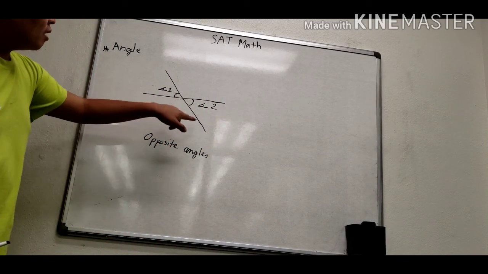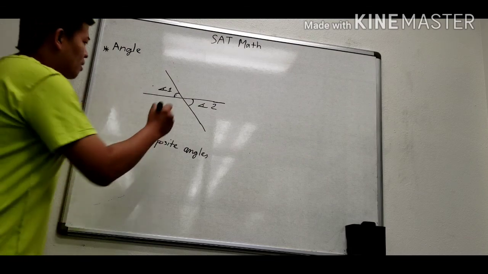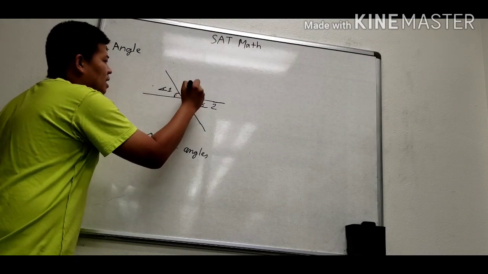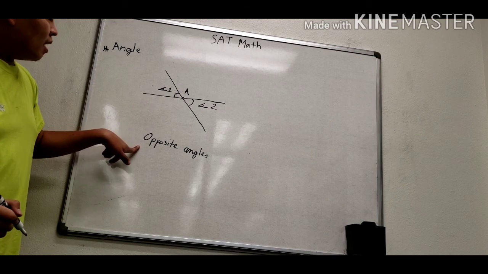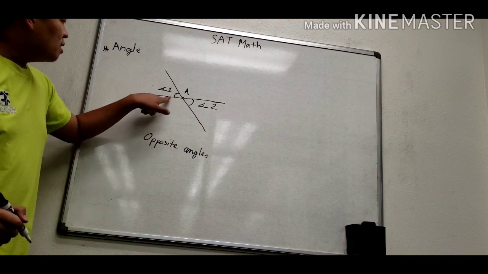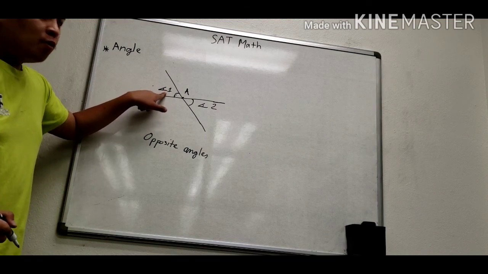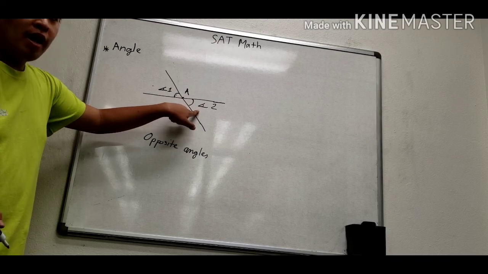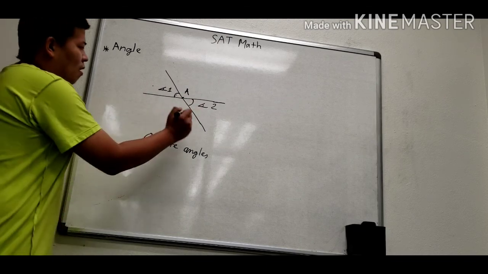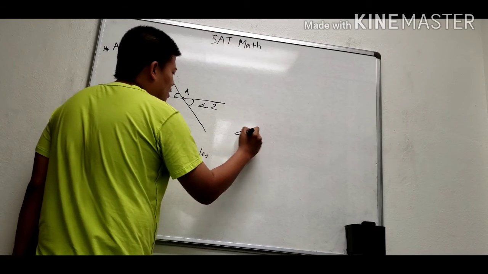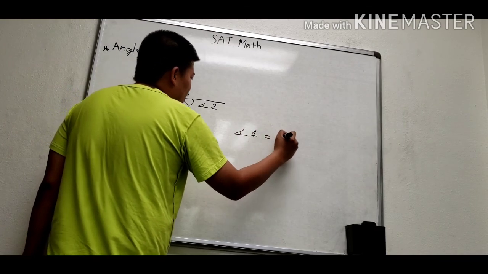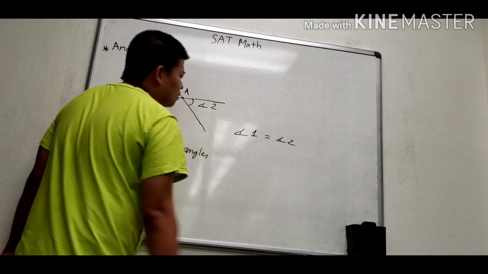Two lines cross together at point A here. You can apply that the opposite angle from angle number 1 is equal to angle number 2. Because they are opposite angles, you can conclude angle number 1 equals angle number 2.